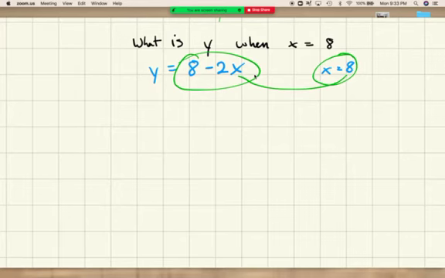So y equals 8 minus, and then I'm going to have the 2, and then replace the x with parentheses, and then I'm going to put an 8 inside. But we have to follow the order of operations. We don't do 8 minus 2 and then times 8. We have to do the negative 2 times the 8 first. So that's where we get negative 16, because negative 2 times 8 is negative 16, and then the 8 is there.